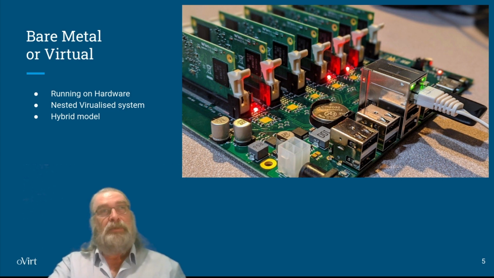And the other way of doing it is using a nested virtualization system. Or we could use a hybrid model where part of it is nested and we can also have other parts running on hardware nodes.